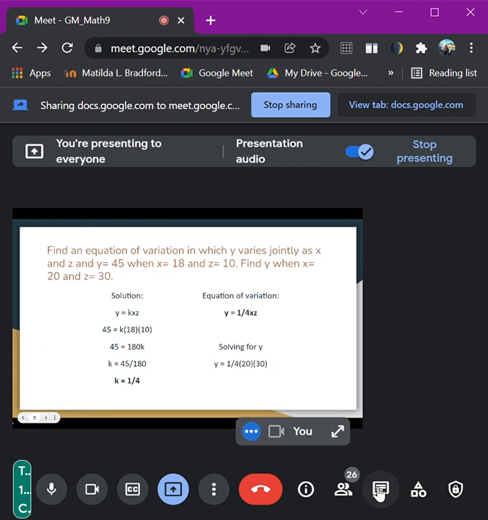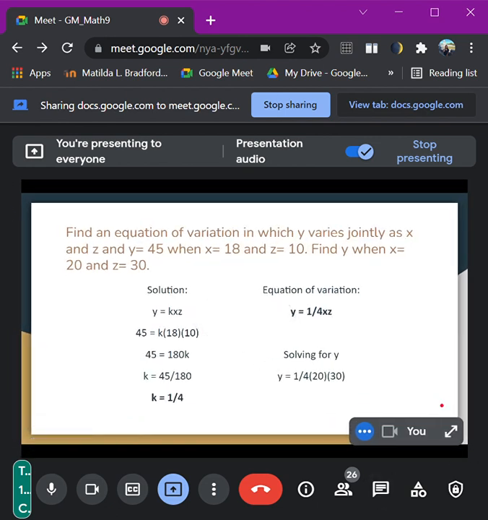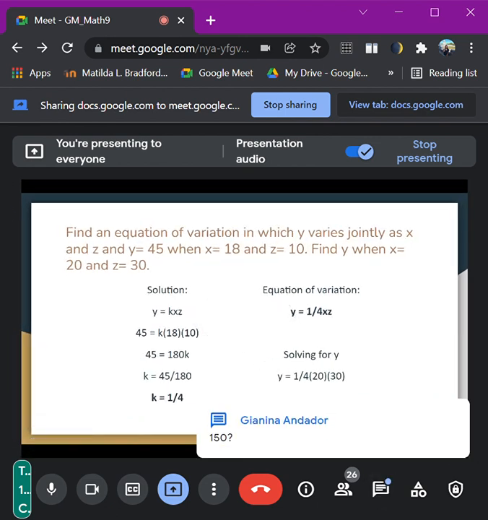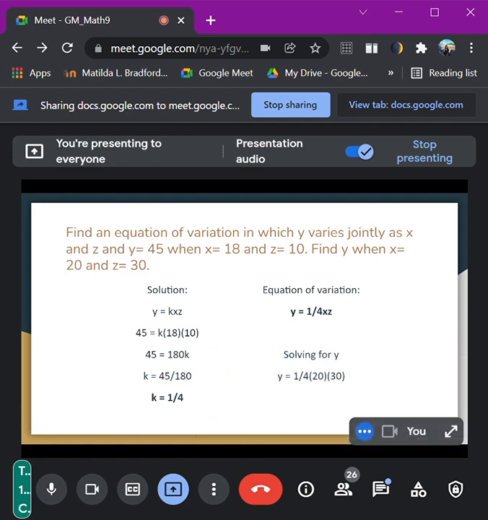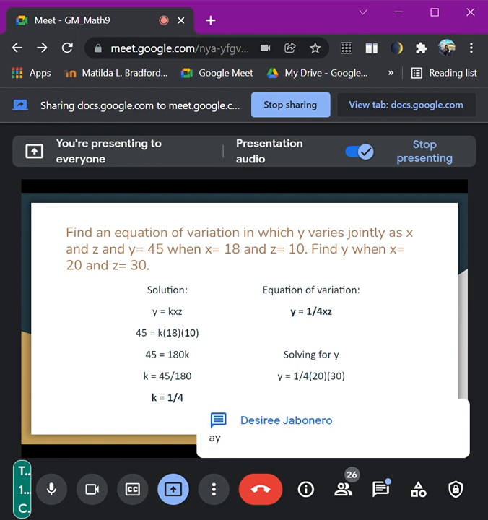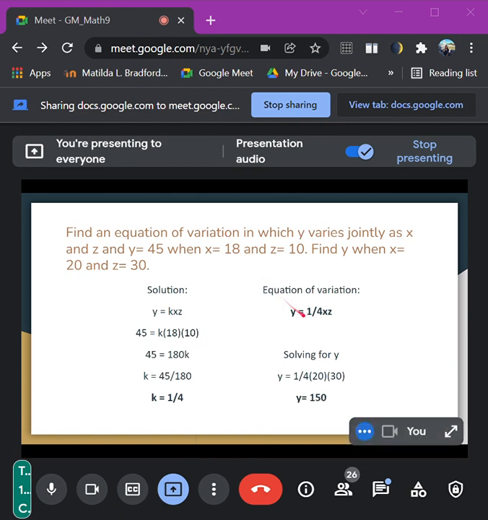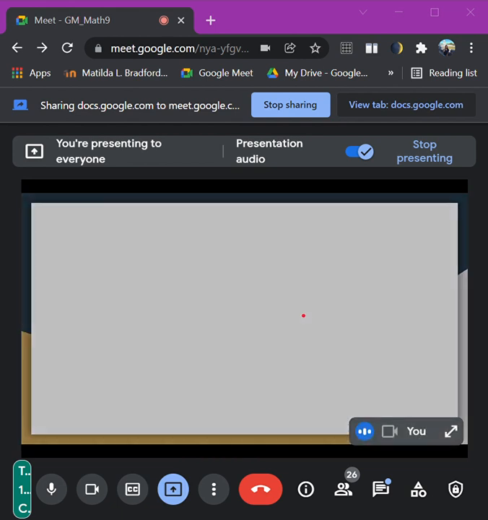You have 20 times 30, that is 600. And then 600 divided by 4 is 150. So, your y is equivalent to 150 if your x is equal to 20 and your z is equal to 30. Okay? Any questions for this example?